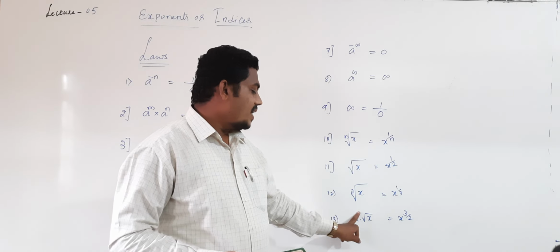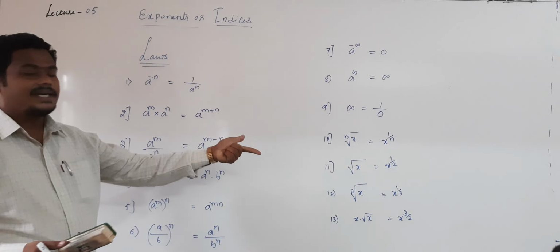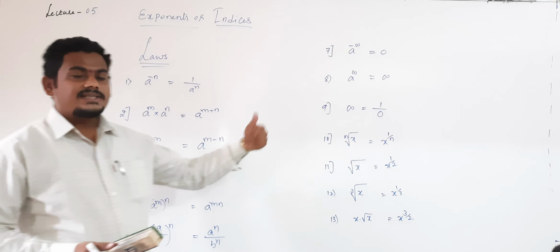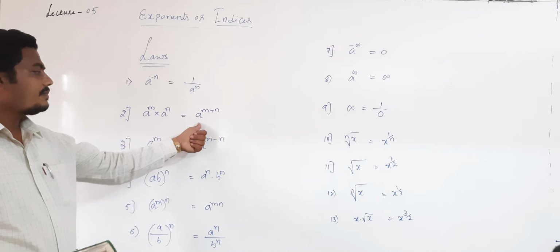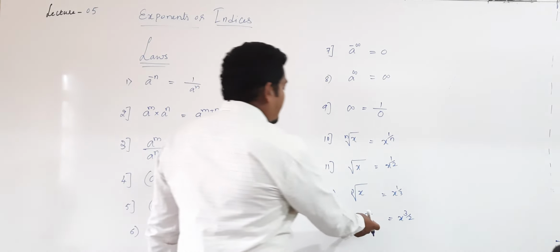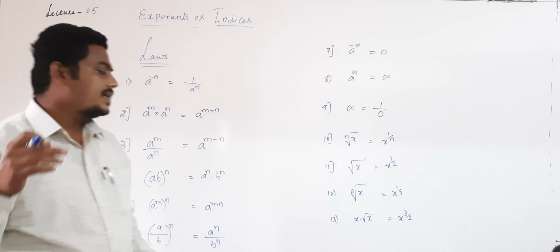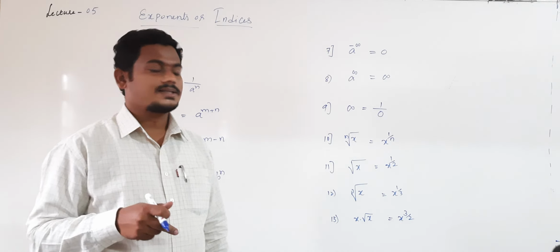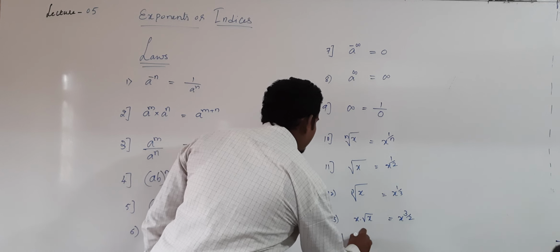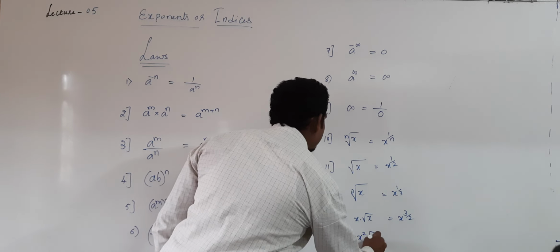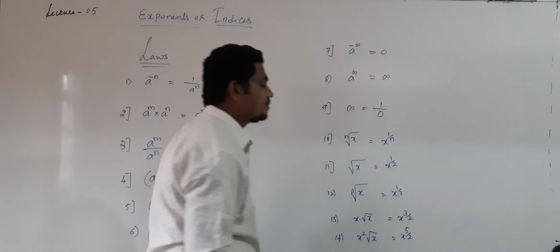Just apply the a power m into a power n formula, which is a power m plus n, then we get x power 3 by 2. And lastly, what is x square into root x? X power 5 divided by 2.